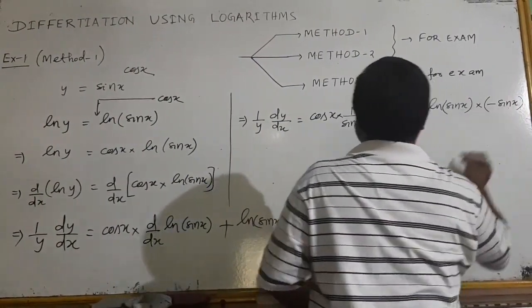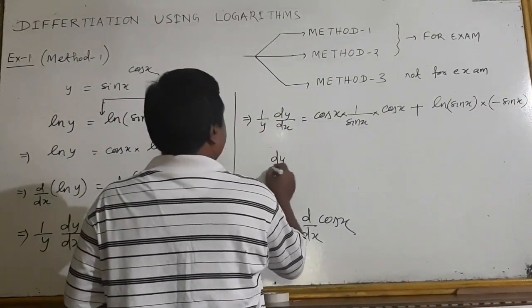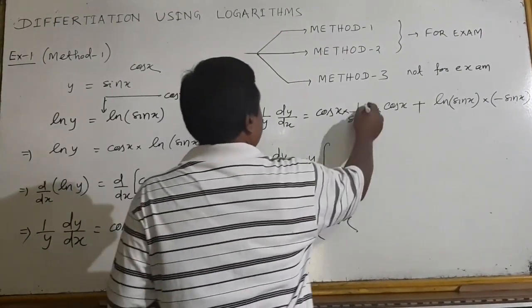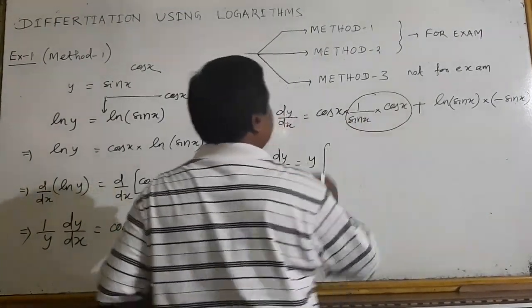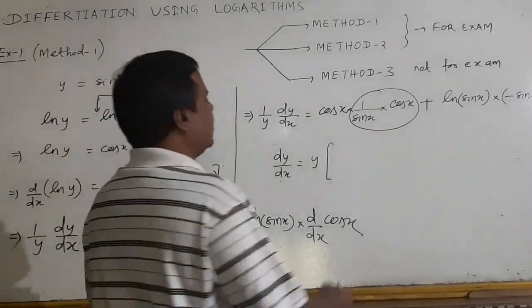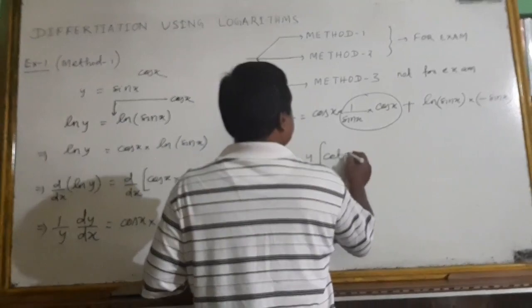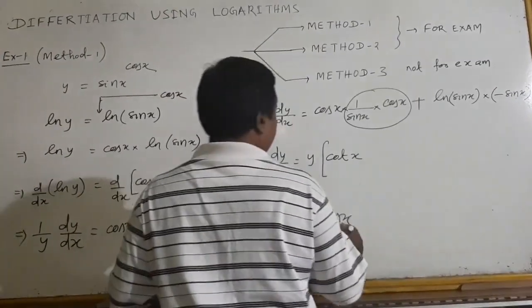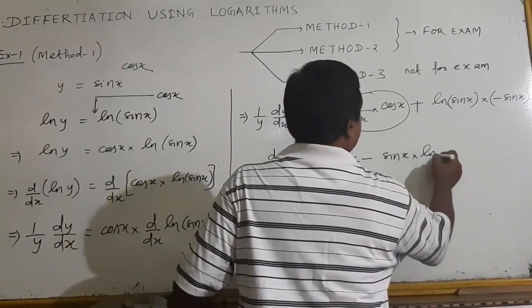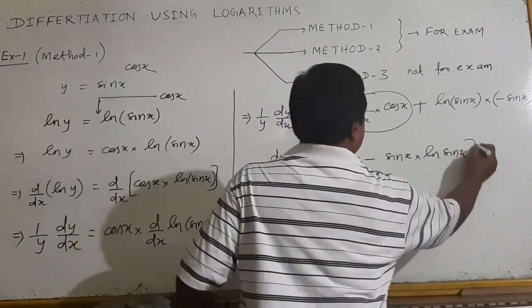Now, what is dy by dx? dy by dx is equal to y whole into 1 by sin x into cos x. It becomes cos x by sin x, which is cot x. So, cot x minus sin x into ln sin x.